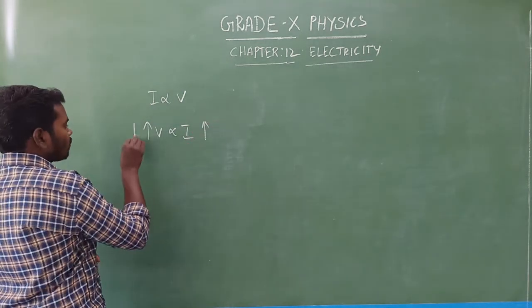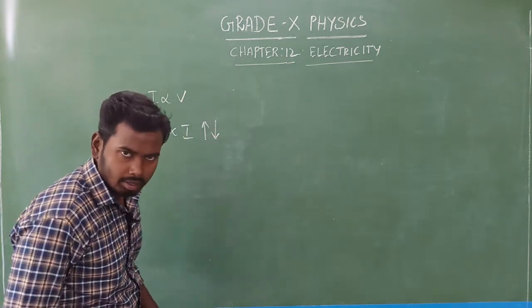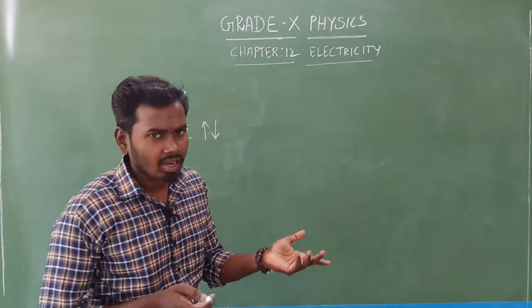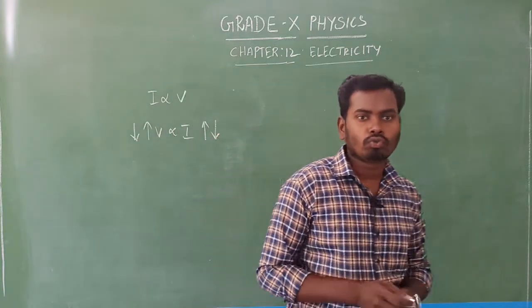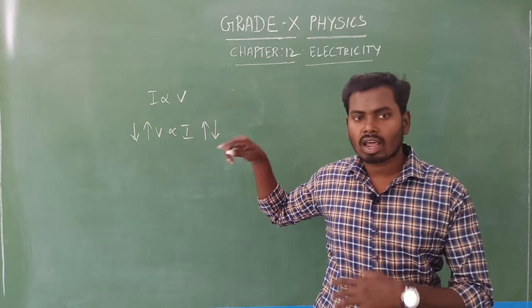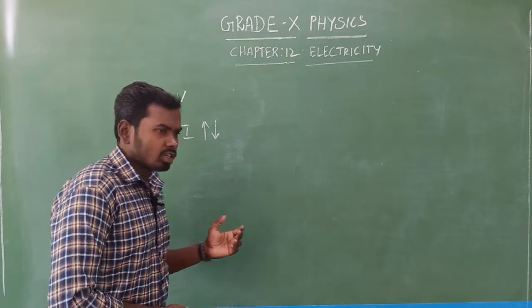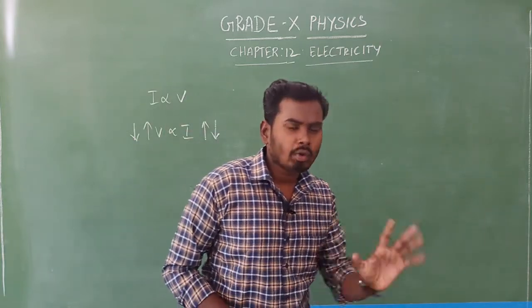If the potential difference decreases, the current value decreases. Because the potential difference causes current.